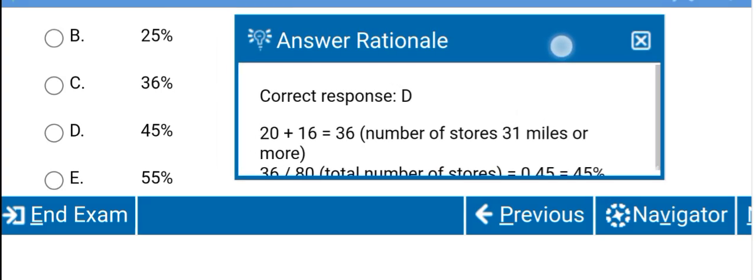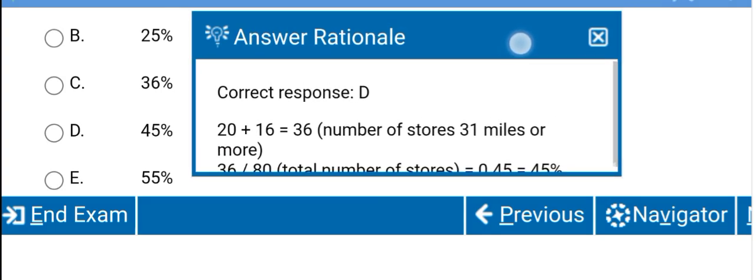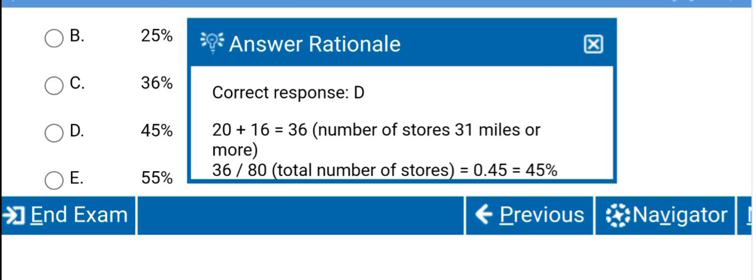So the correct response is option D, as 20 plus 16 equals 36, which is the number of stores 31 miles or more.